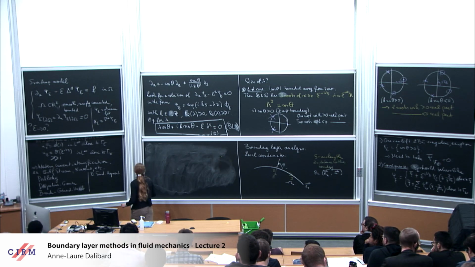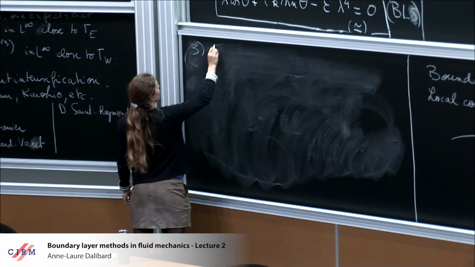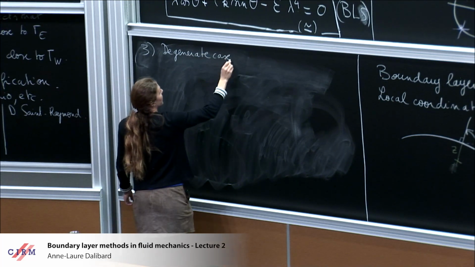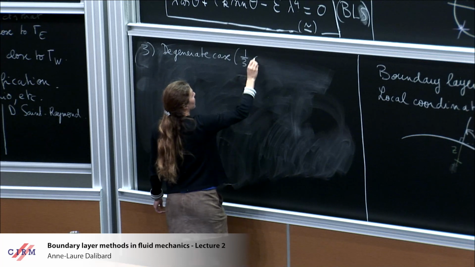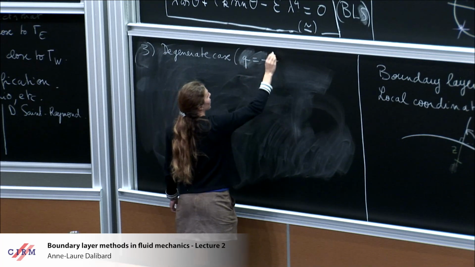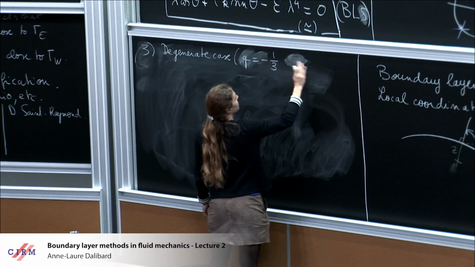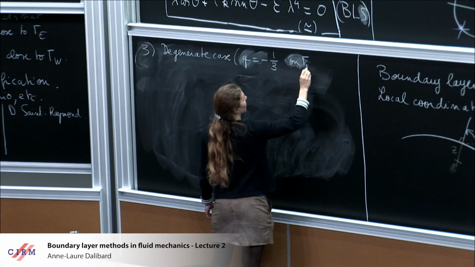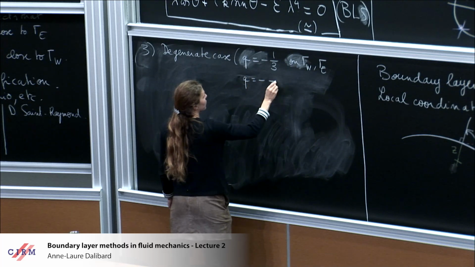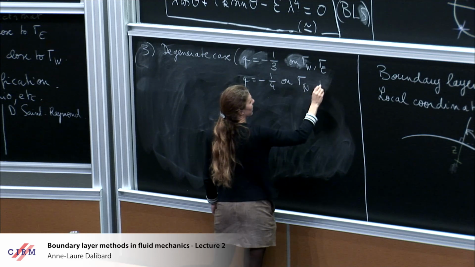Yeah, so the last point that I wanted to make, number 3, is that this is a degenerate case. Because with the notations that I had yesterday, you have Q equal -1/3 close to or on gamma west and gamma E, and Q equals -1/4 on gamma north and gamma south.